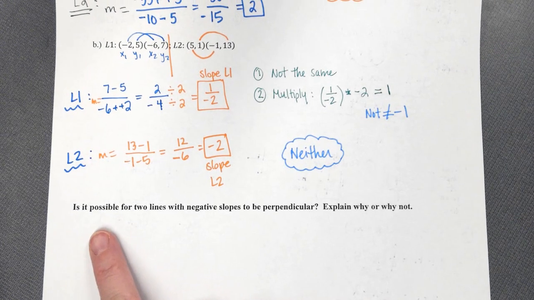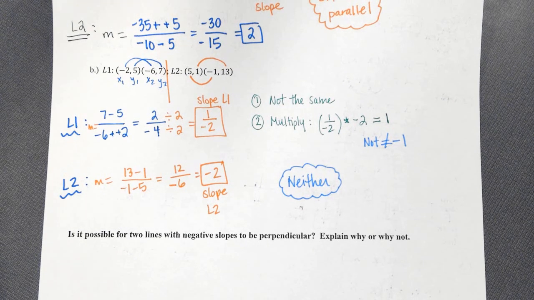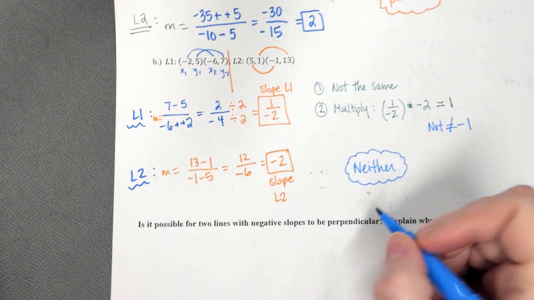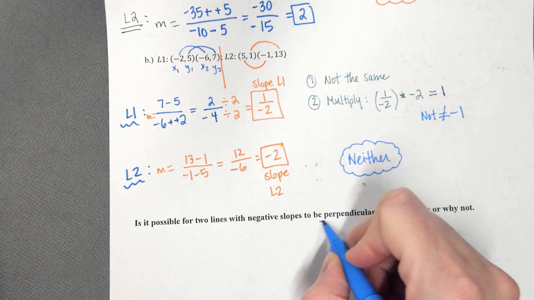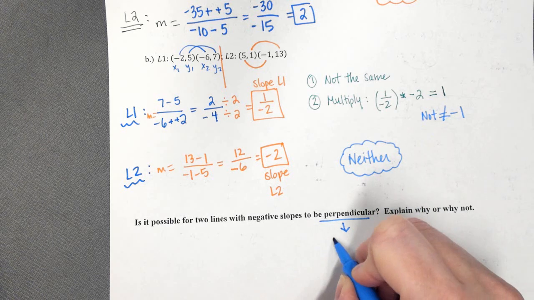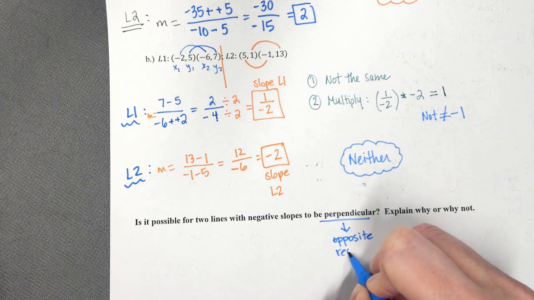Okay, so for this, it says, is it possible for 2 lines with negative slopes to be perpendicular? Is it possible for 2 lines with negative slopes to be perpendicular? Okay, so remember that in order to be perpendicular, there are 2 things, right? The product has to be -1, and they have to be opposite reciprocals.